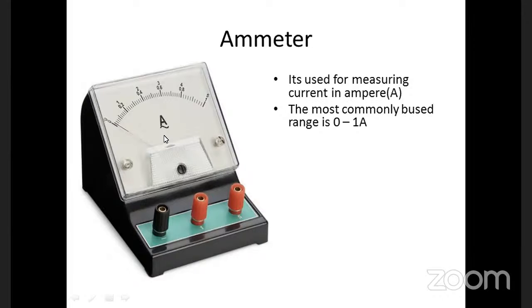But how we always sort out ammeter from the rest is by looking at the interface where we have the scale, and then we look at the symbol of the unit for measuring current, which is the ampere. So if you have that A on the interface, just know that that is an ammeter.